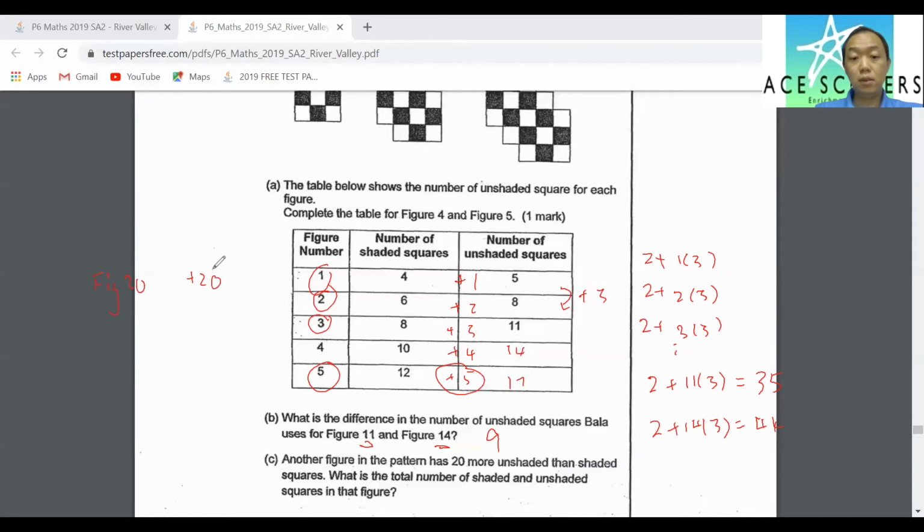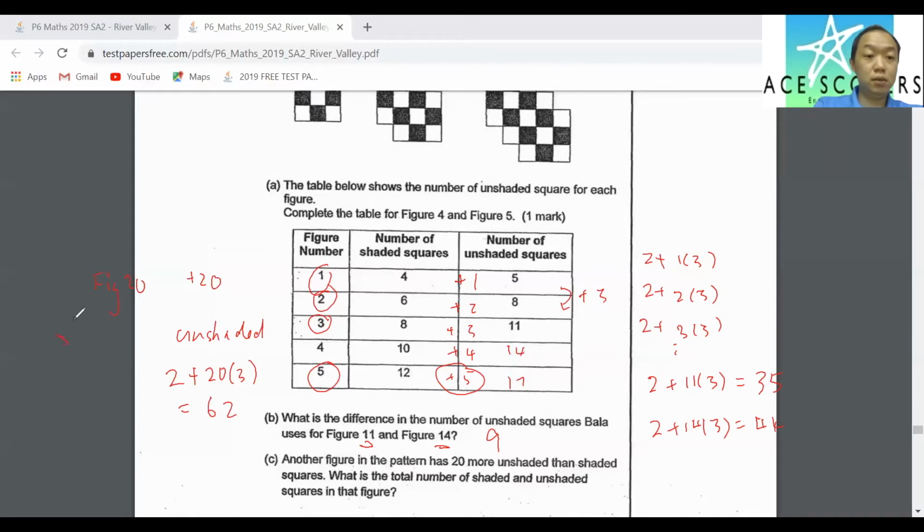Okay, what's the total number of shaded and unshaded figures for figure 20? Okay, let's find the number of unshaded figure. For figure 20, unshaded, it's 2 plus 20 times 3. So it's 62.